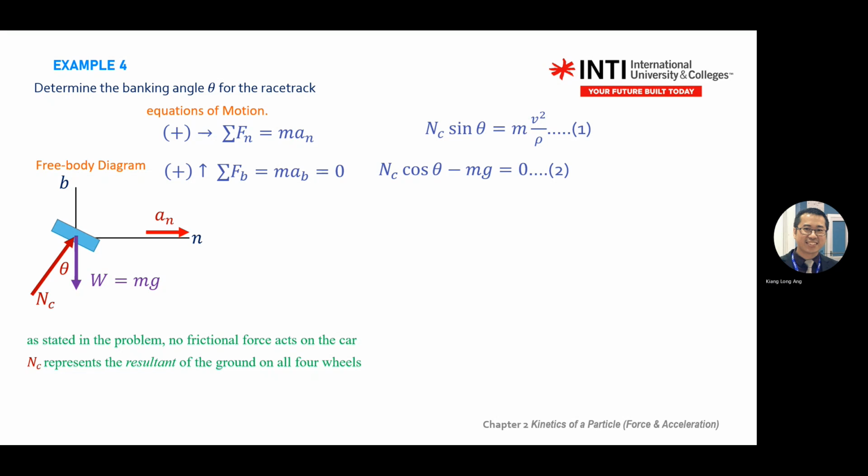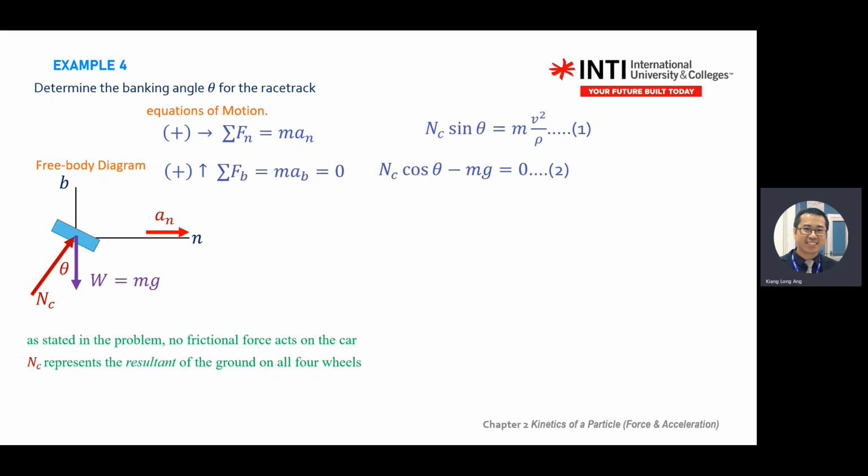Okay, it deals with motion. The question tells you what happened to the b component. Does the car leave the surface or not? So it equals 0. You still remember just now the previous slide I told you? ab equals 0. So in this case, the second equation: N cos theta minus mg equals 0.